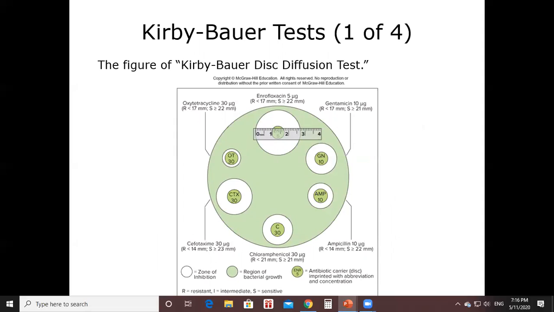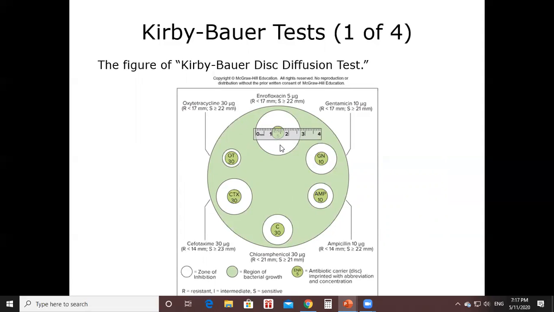And here are some of the different disc diffusion tests. This is like if you had different antibiotics. This whole petri dish is full of bacteria, and you put in different antibiotics at these different sites, they're all the same size, and you measure to see how much of the bacteria around each of these antibiotics it kills.